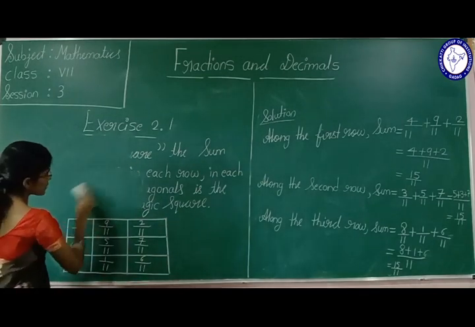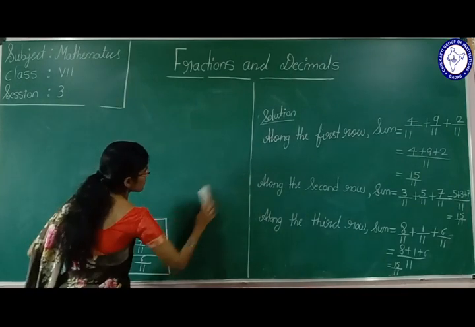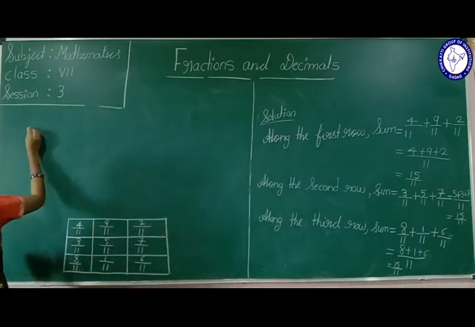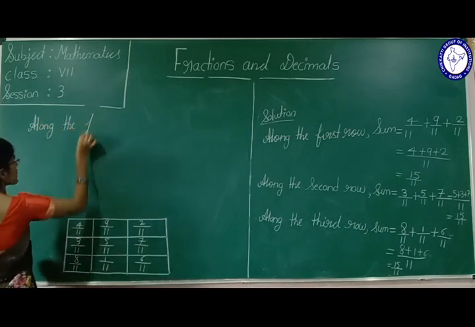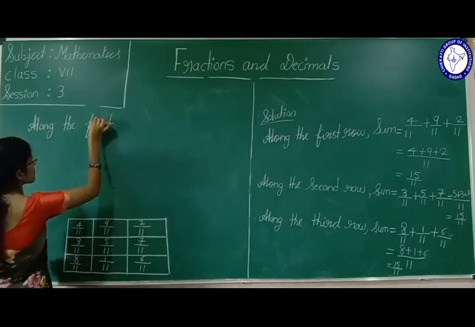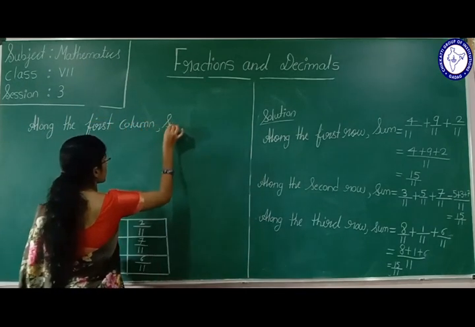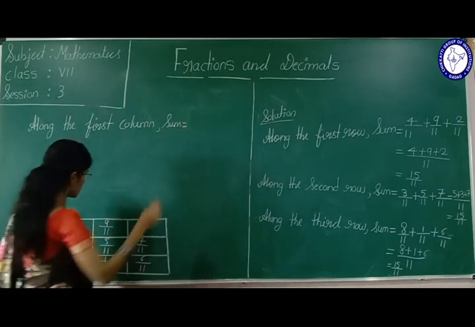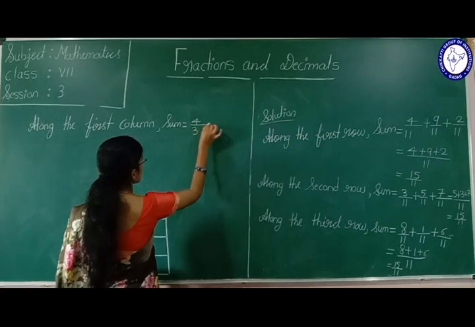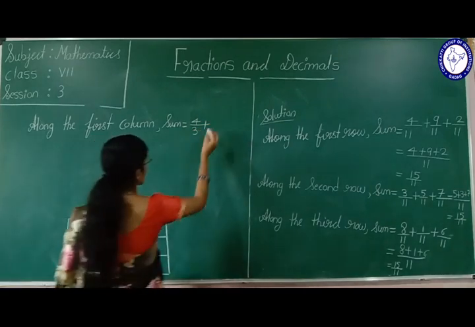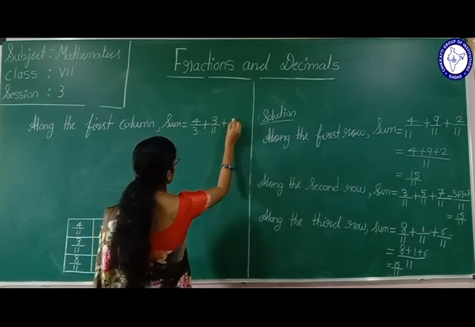Okay. Now we will see along the first column, sum is equal to 4 by 11 plus 3 by 11 plus 8 by 11.